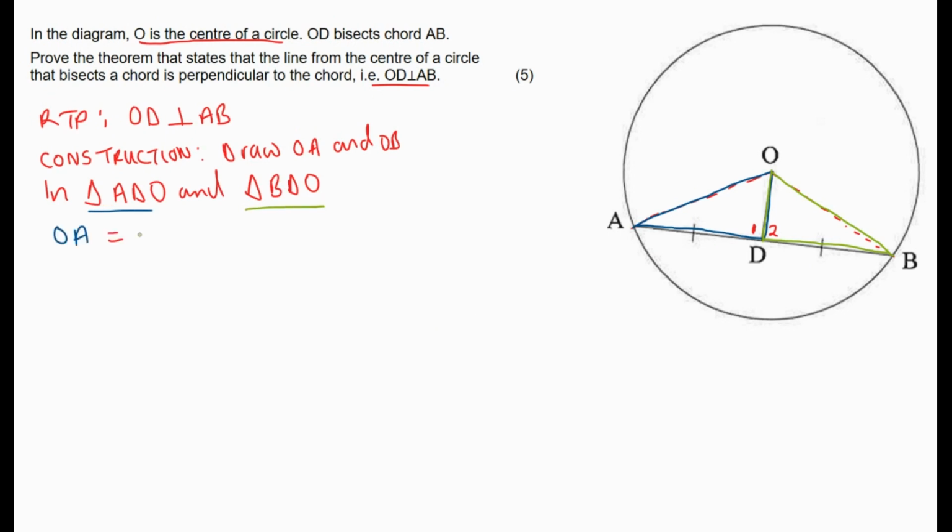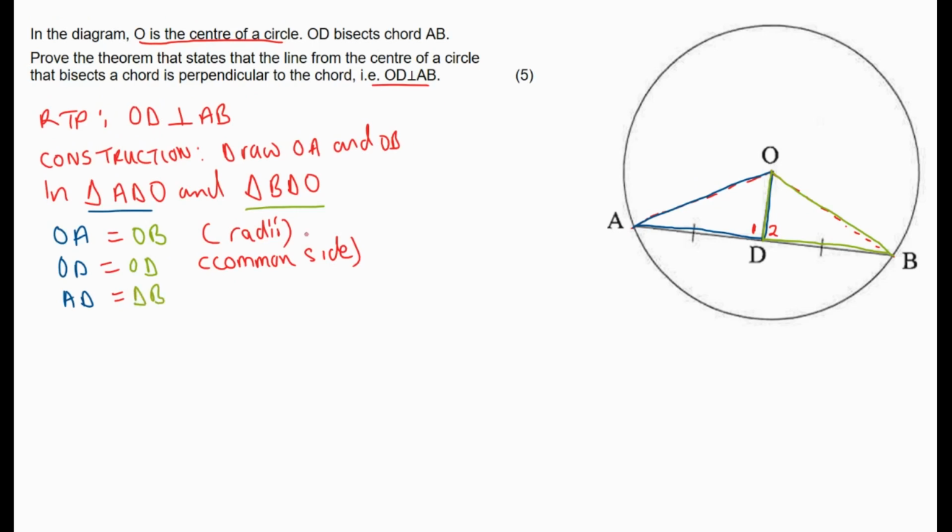Side OA is equal to side OB. Right, and then what's the reason? We're saying radii. OA and OB are radii. And then we have OD is equal to OD. It's a common side. If you check, we have two colors here. We have both blue and green. So OD is equal to OD. And then the reason, you can say common side. And then the last one, we have AD is equal to DB.